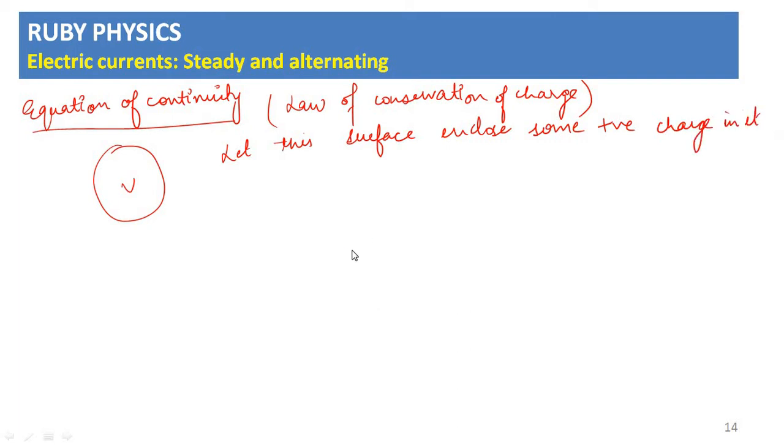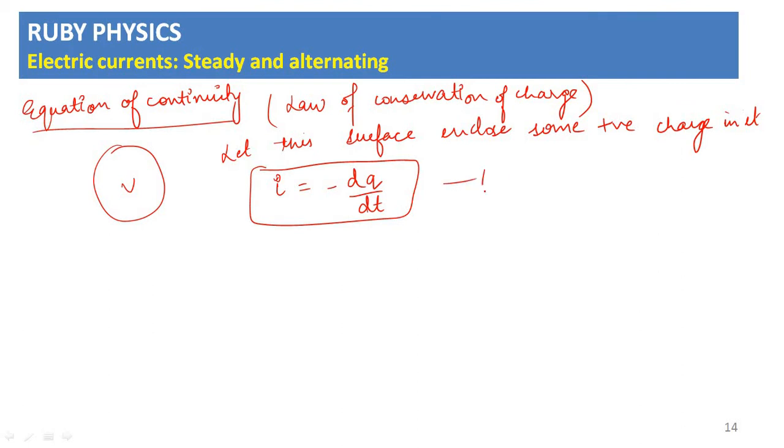If the total current I is coming out of the closed surface at time t, the total current I which is coming out of the closed surface is given by minus dq by dt.